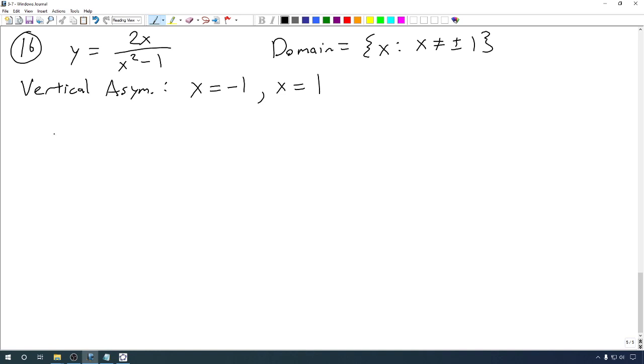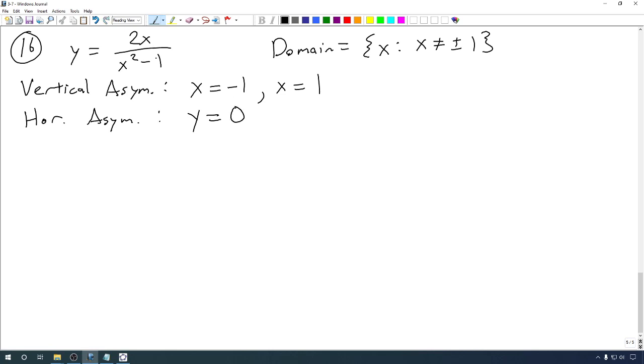We can also talk about what horizontal asymptotes we have. We use the guidelines that we got from the last section. Remember, we compare the degree of the top and bottom. In this case, the degree of the top is 1, the degree of the bottom is 2. So the degree of the top is smaller than the degree of the bottom. And our guidelines say that means there actually is a horizontal asymptote, and it's specifically y equals 0.